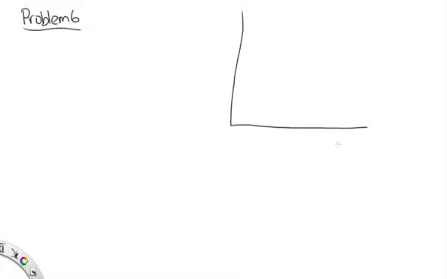We want to draw a time versus altitude diagram. So initially it's accelerating upwards with constant acceleration, so that's going to be a parabola shaped like that, and we can label this t as t1.